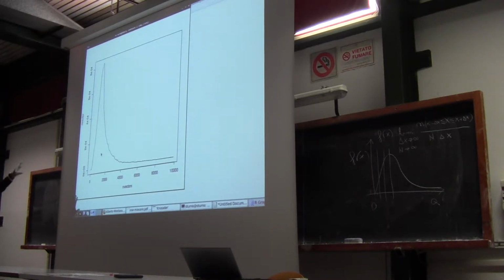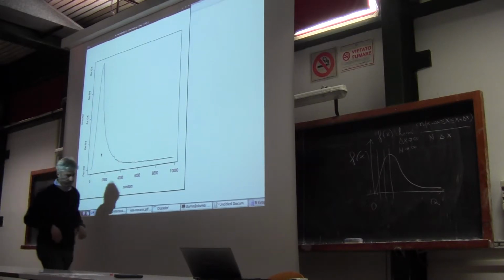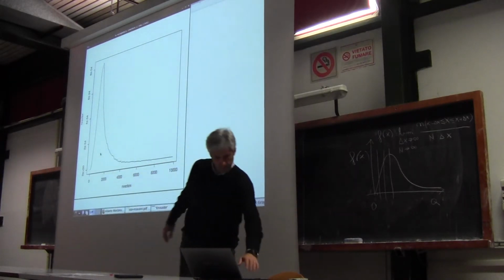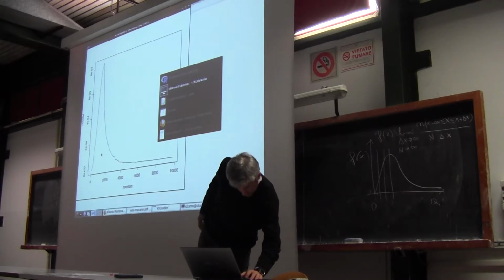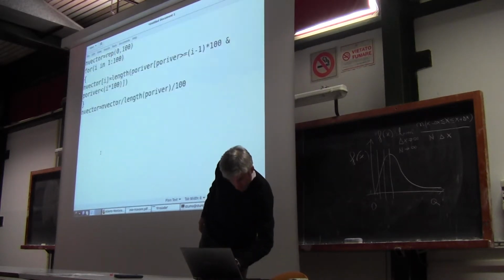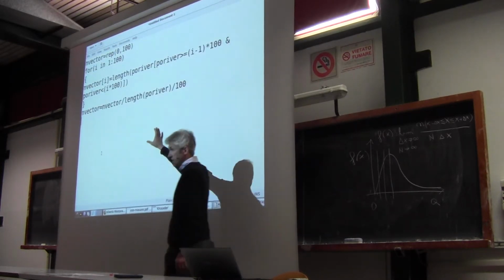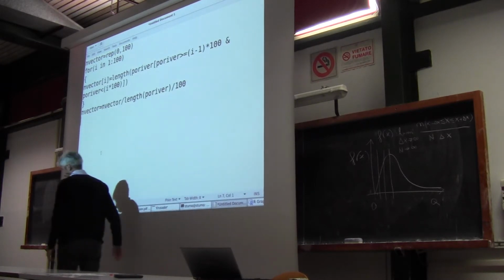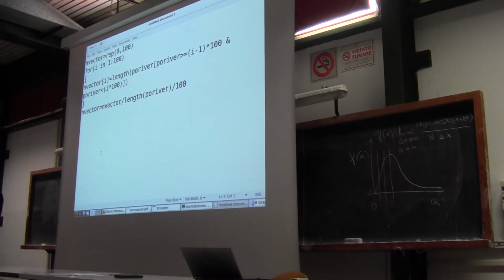But again, if you understand what I did with this code, it's very simple, just a few instructions. If you understand this, then you understand what I did yesterday. I'm just counting the number of occurrences in each small interval.